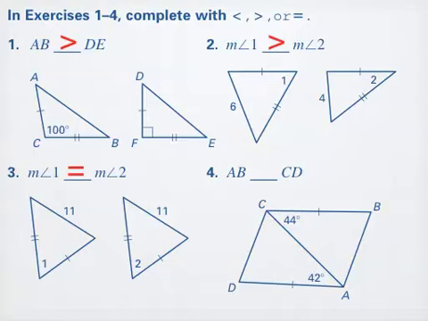Notice that angle C would be measuring 44 degrees, and angle A is measuring 42 degrees. CD is opposite the 42-degree angle, and AB is opposite the 44-degree angle. Because AB is opposite of a larger angle, because of the Hinge theorem, I can say that AB is greater than CD.